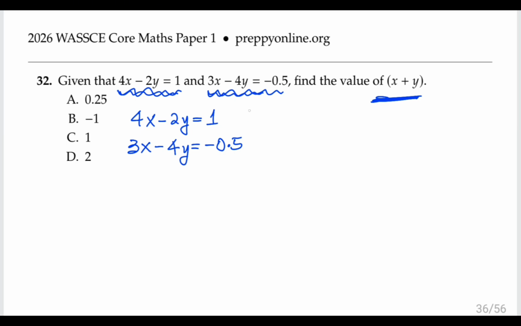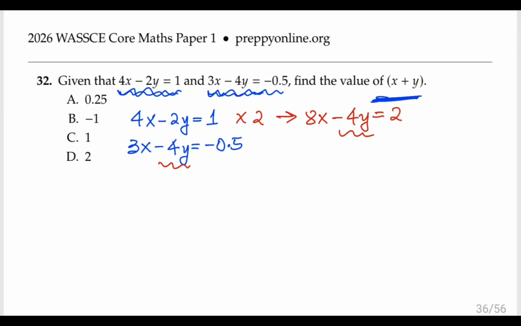For instance, if we multiply this equation by 2, what do we get? We get 8x minus 4y equals 2. So we have minus 4y here, and we have minus 4y here.